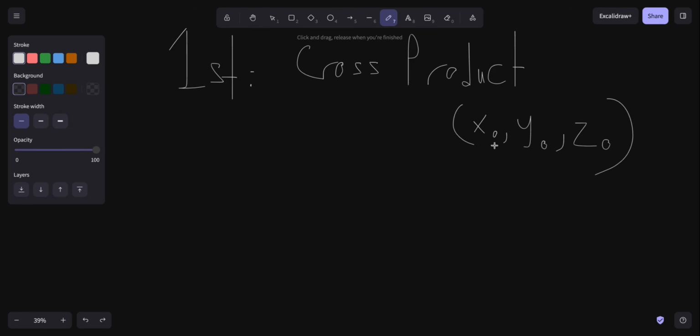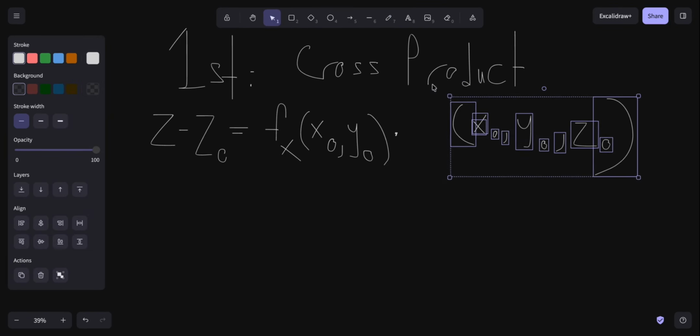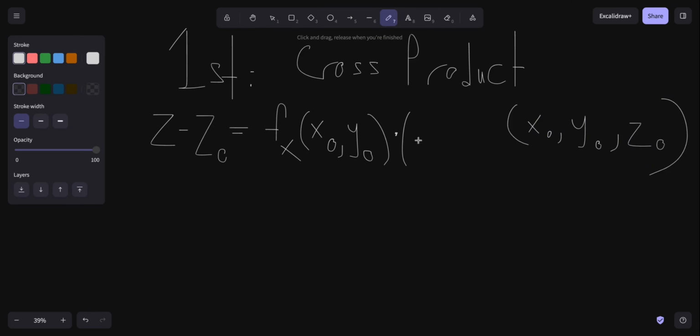The tangent line with respect to x at this point x0, y0, z0 is going to be z minus z0, the change in z, equal to the derivative with respect to x, evaluated at that specific x0, y0 coordinate. That's just representing the slope of our line with respect to x. And then that's multiplied by a tiny change in x, which in this case I'll write as x minus x0.